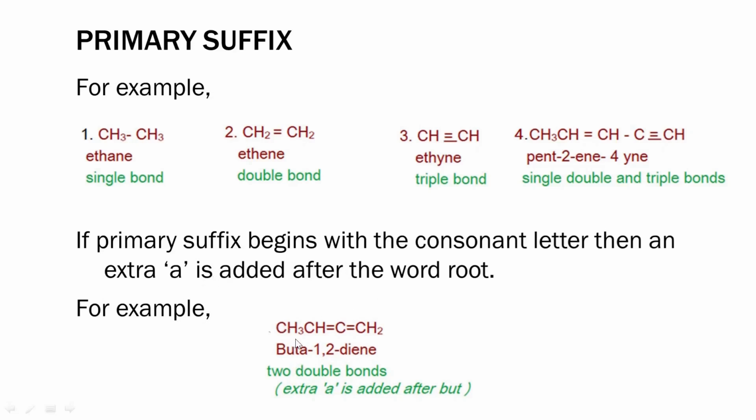The word root here is 1, 2, 3, 4 but, but we write buta because an extra a is added, because we have a primary suffix that starts with the consonant letter d. But here in this example ene, so eth only, not etha. So that is about the extra rule that is generally used if the primary suffix starts with a consonant letter.